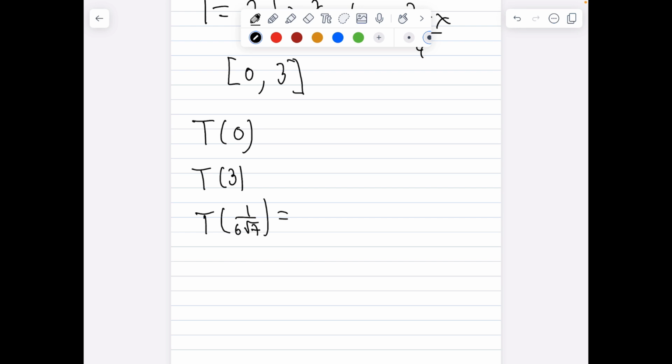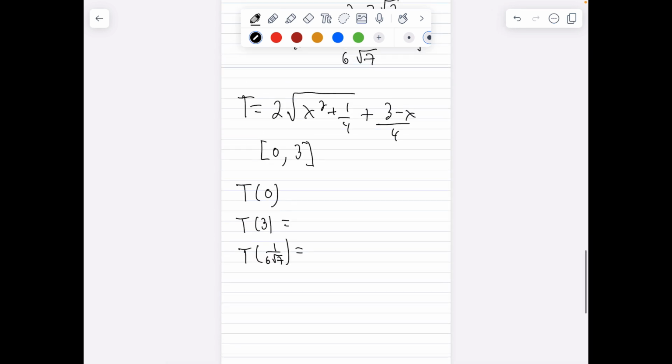Okay, so if you plug 0 in, you would get 2 times the square root of 1/4 plus 3/4. My apologies. And if you did the math further, that's 1 3/4 or 1.75 hours.